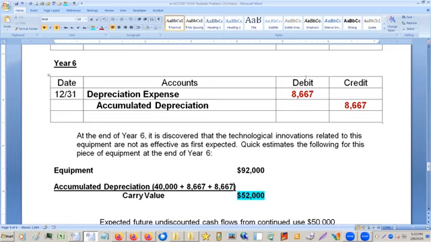Okay, so we'll come up with a new carry value.